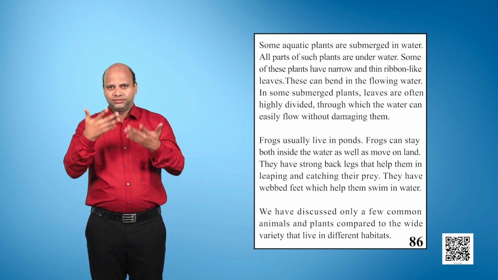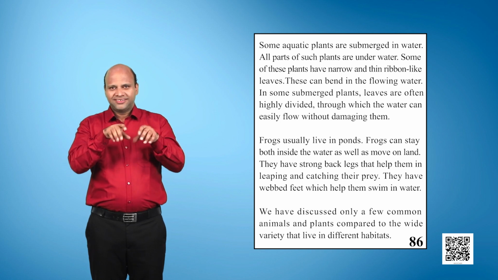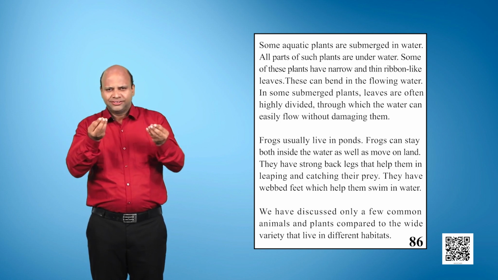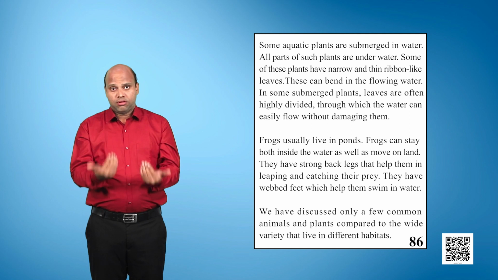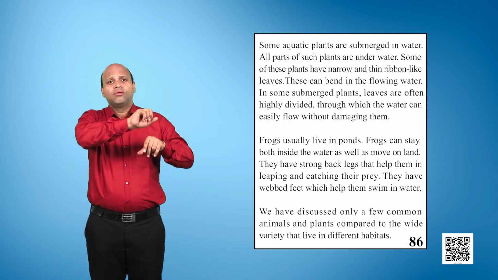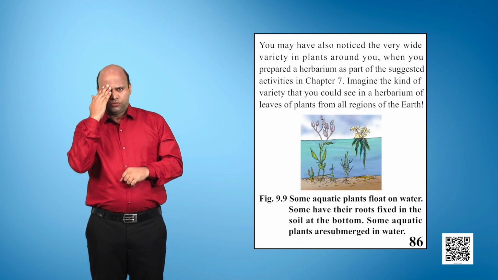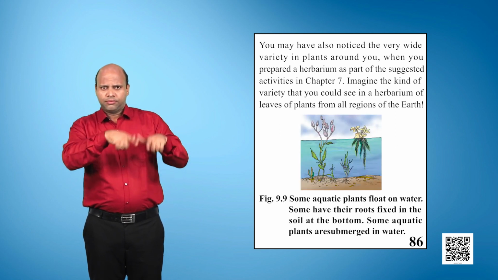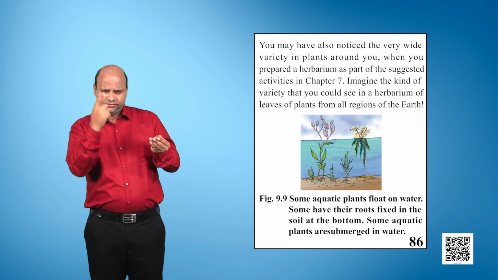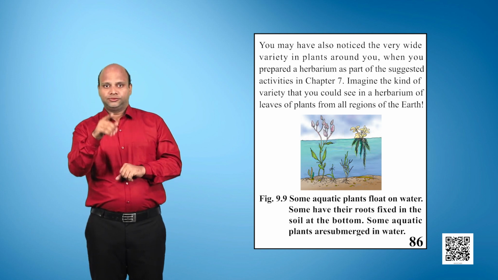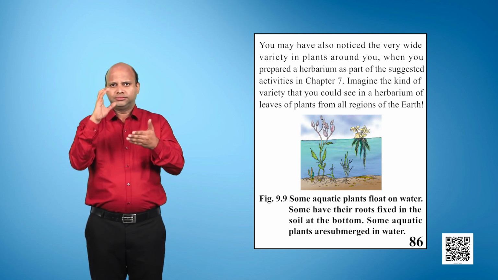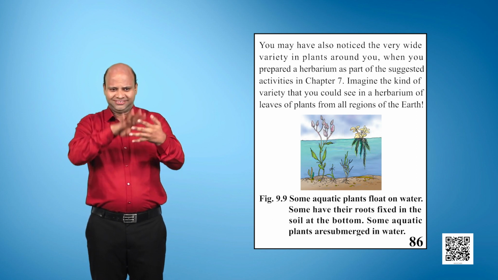We have discussed only a few common animals and plants compared to the wide variety that live in different habitats. You may have also noticed the very wide variety in plants around you when you prepared a herbarium as part of the suggested activities in Chapter 7.